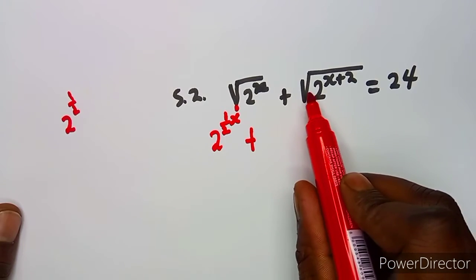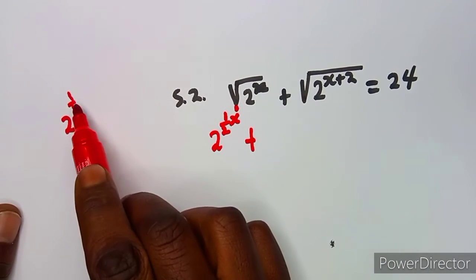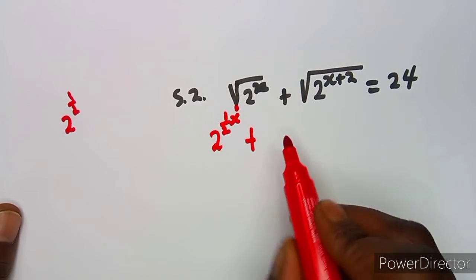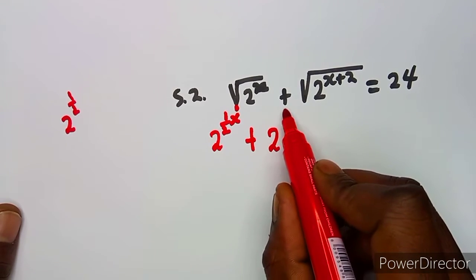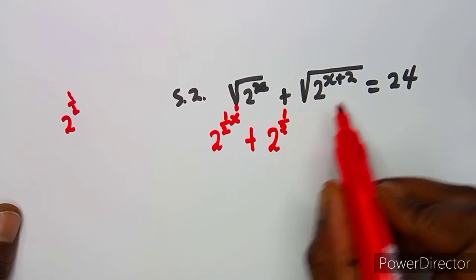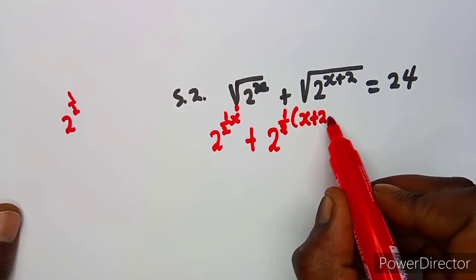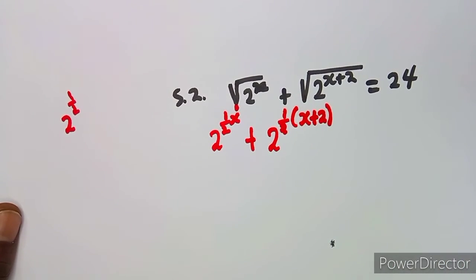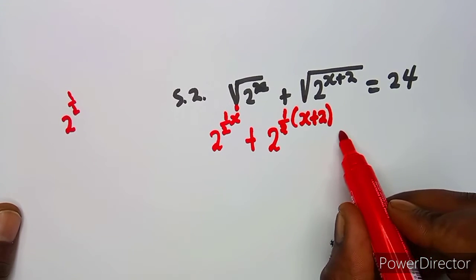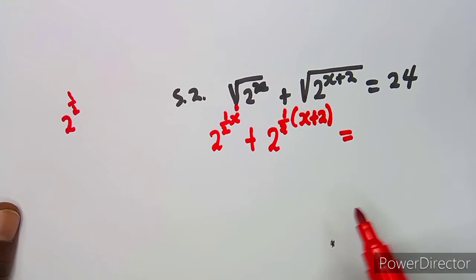Plus, we do the same here, square root to the exponent of a half. So this is going to be 2 to the exponent of a half, like this, but there is an exponent of x plus 2 that is there. So you can just open a bracket for that one, which is equivalent to 24.